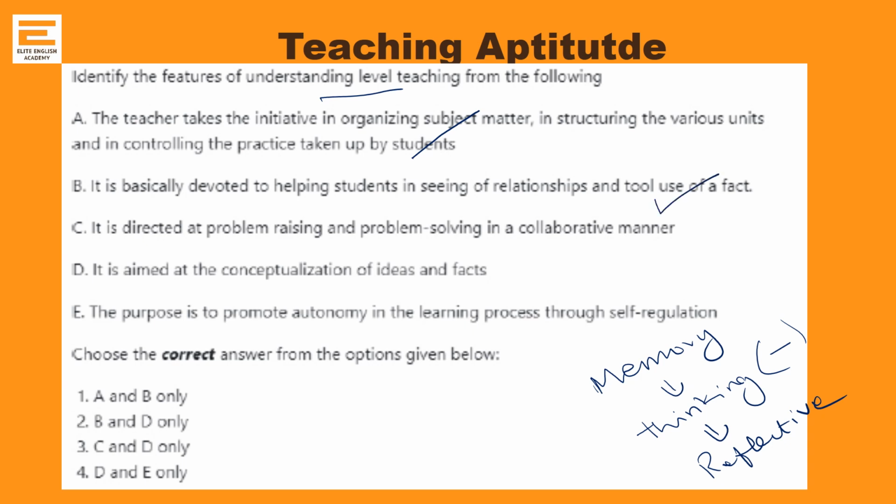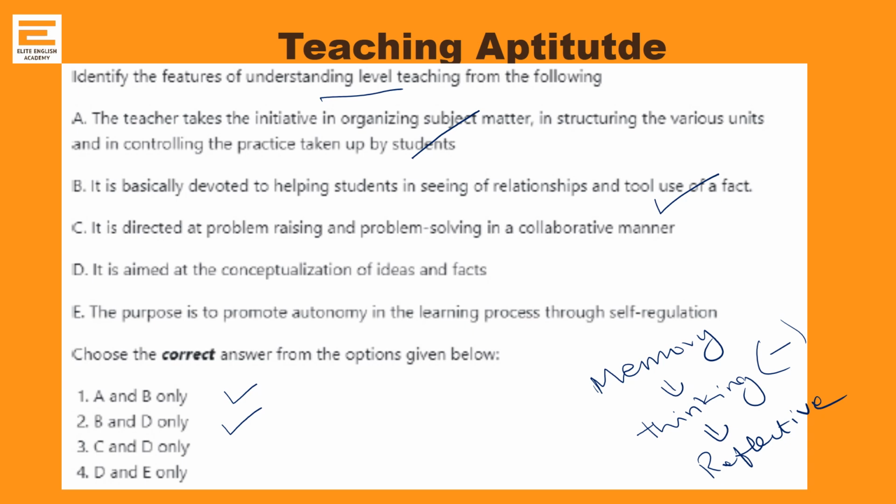So B is one of the answers. If B is definitely an answer, you can see how many options contain B and the other options.